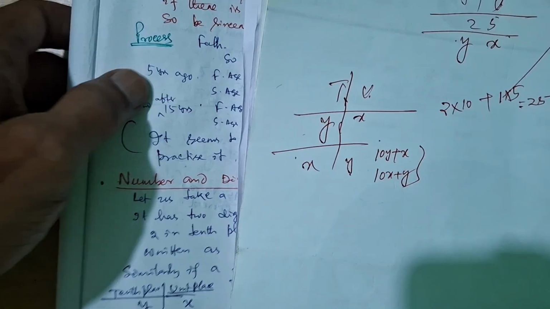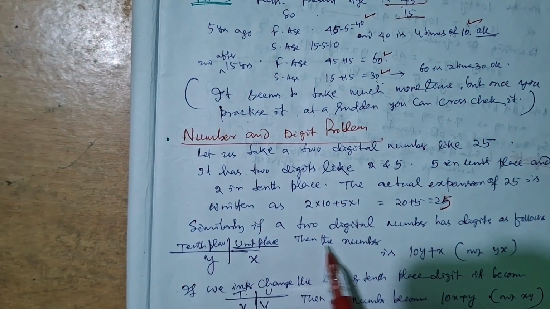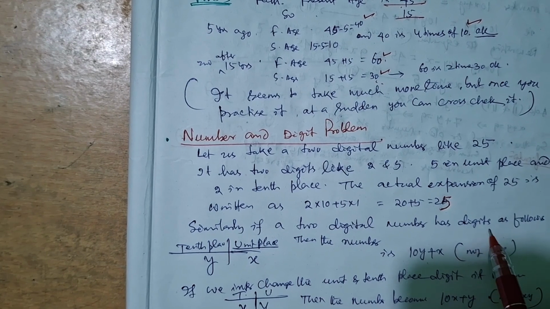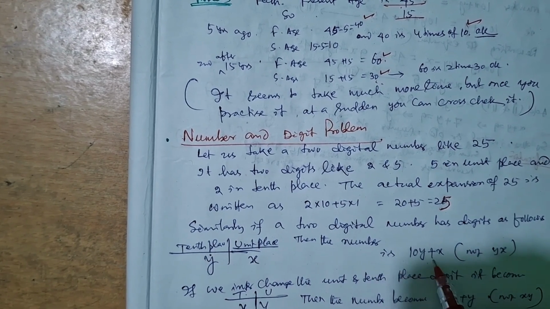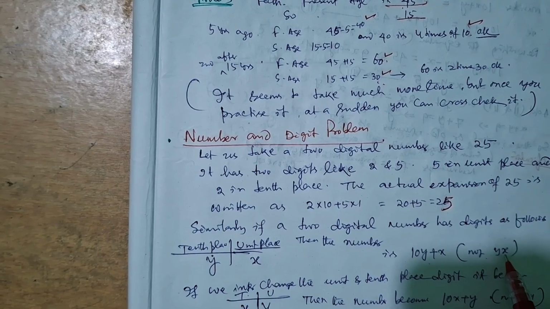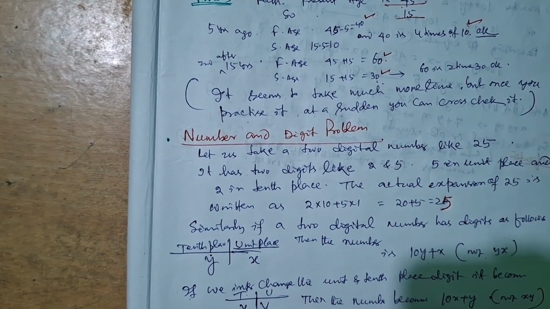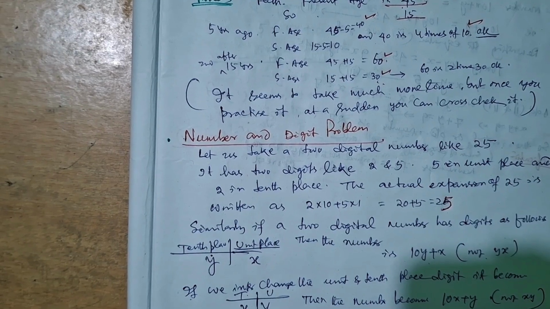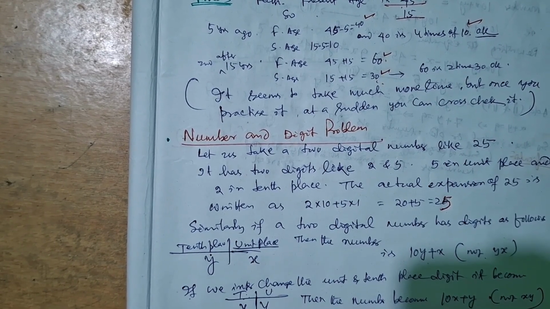Similarly, if a two-digit number has the tens digit y and unit digit x, then the number is 10y plus x, not xy, as I told earlier. If we interchange the unit and tens places, the tens place will be x and the unit place y, then the number is 10x plus y.